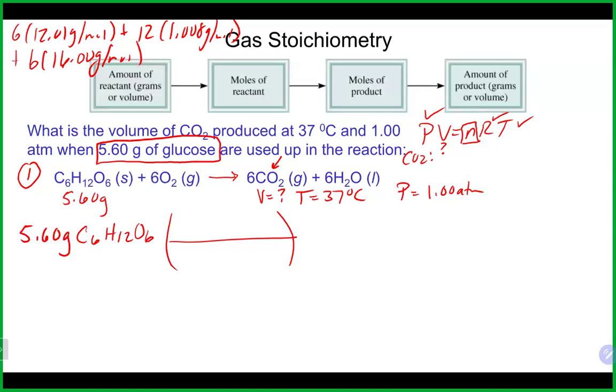Let's see what we get here: 6 times 12.01 plus 12 times 1.008 plus 6 times 16. Looks like 180.2 grams per mole.